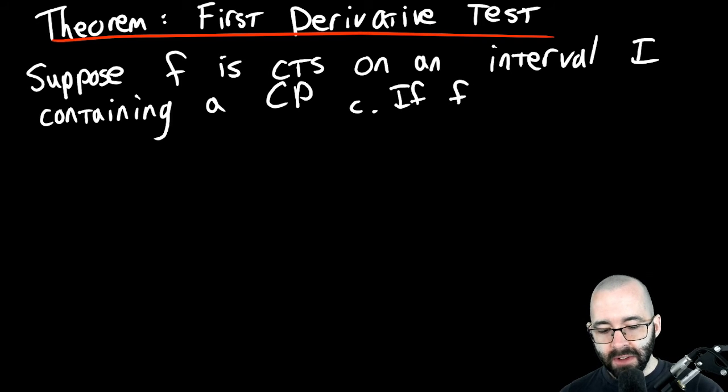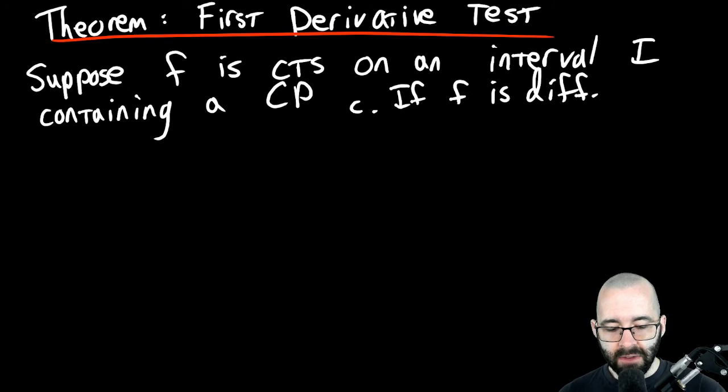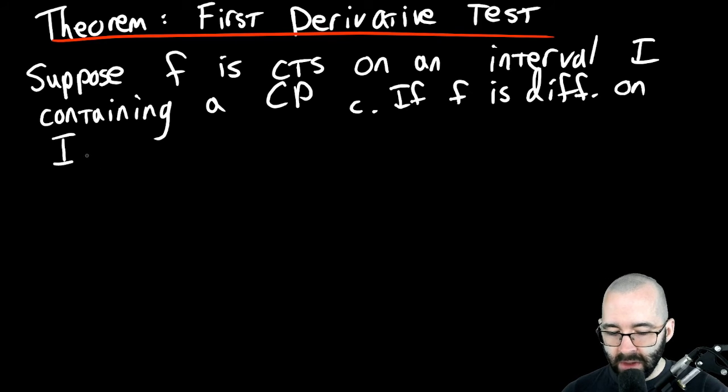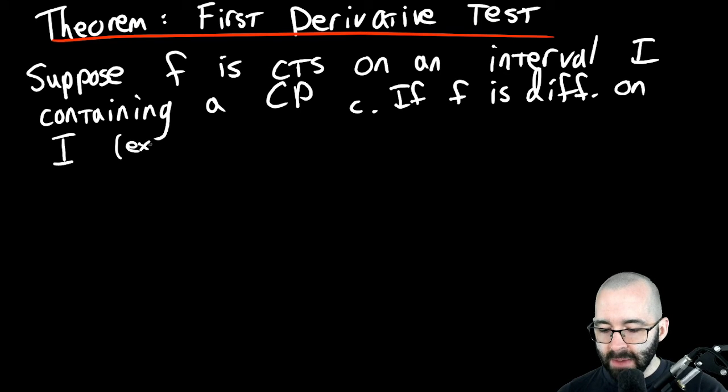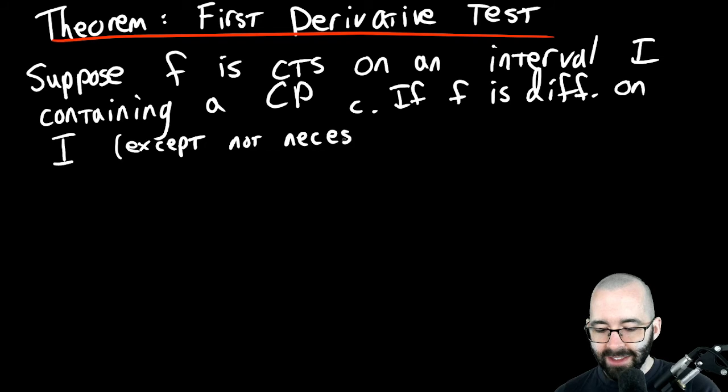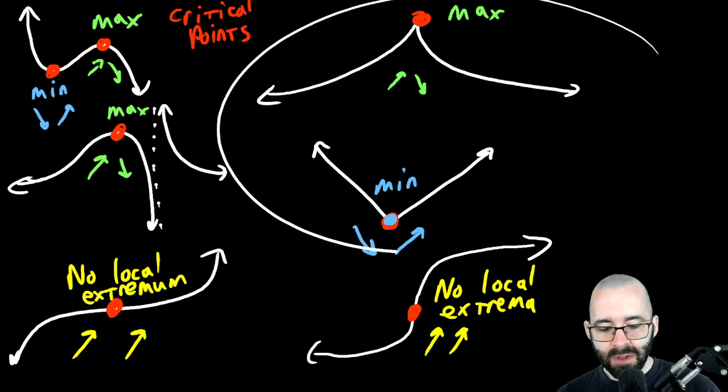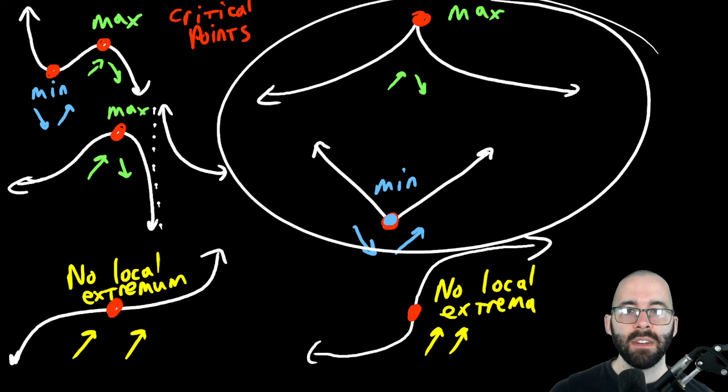So if f is differentiable, again, these are all abbreviations and definitions that we've talked about earlier. If f is differentiable on the interval, meaning it's differentiable on every point in that interval, except it doesn't technically have to be at C itself. We actually don't need it to be differentiable at the point.